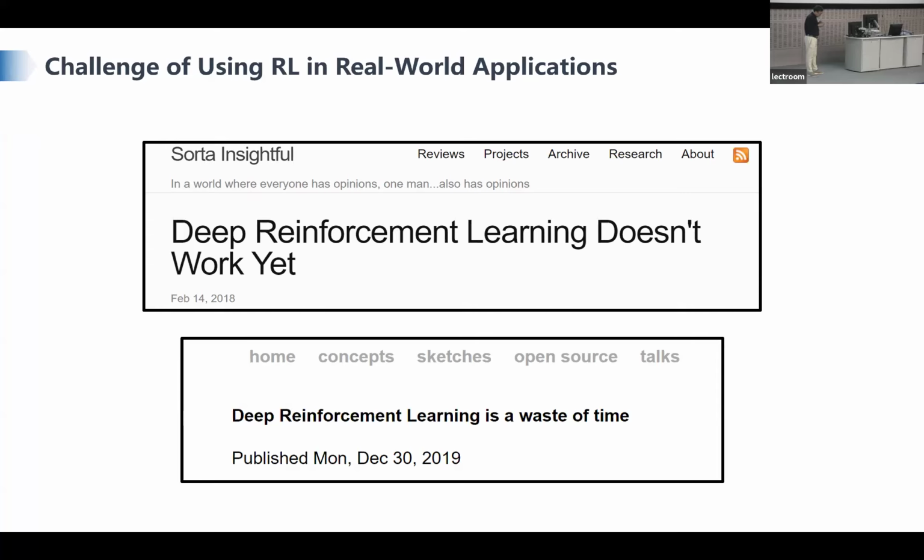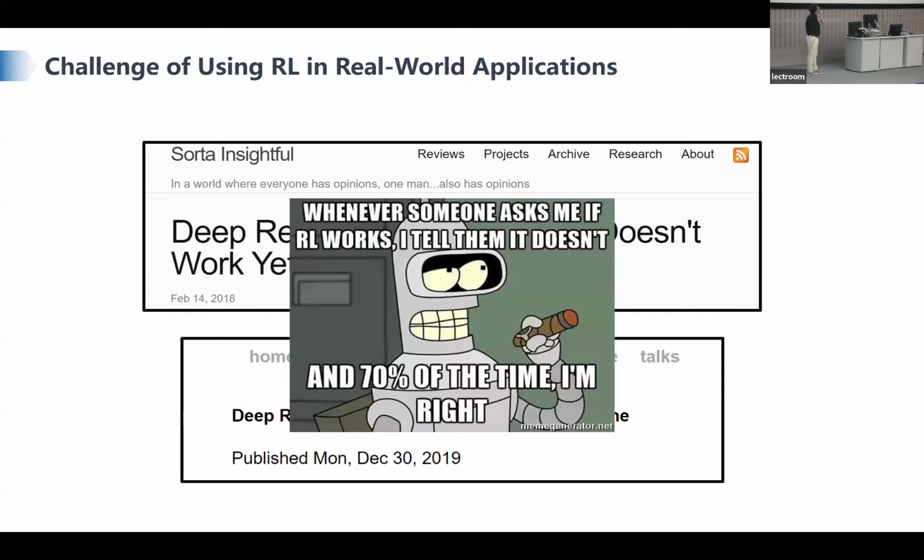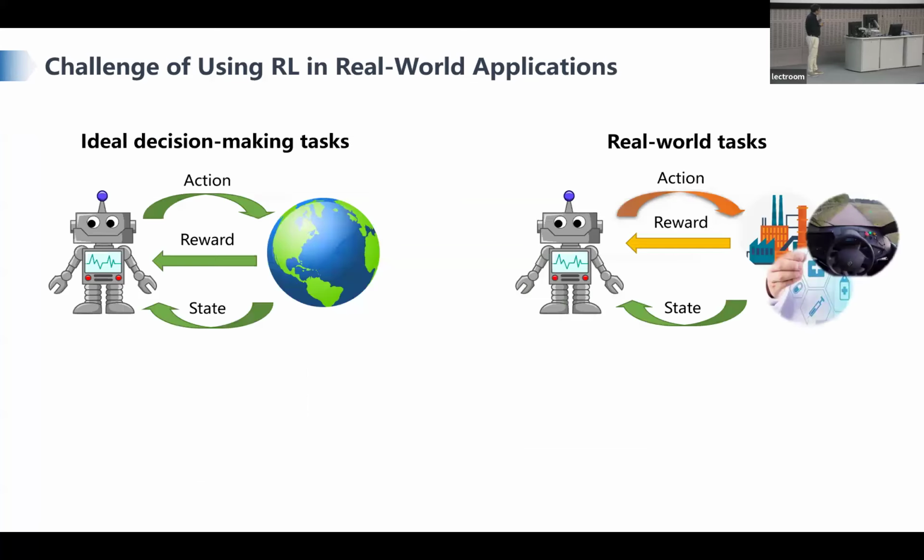So why is that? If you look at some real-world applications, we will notice that they are very different from the typical RL tasks we solve in the AI community or in lab environments. In the typical formalism, we interact with the environment, or we have a perfect simulation, so we can interact without any restriction.